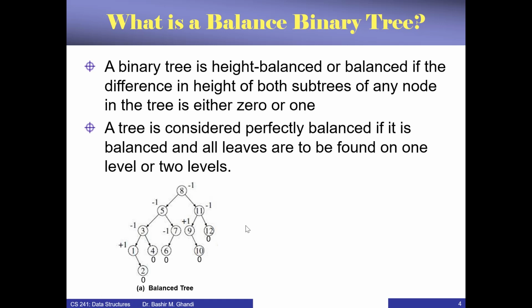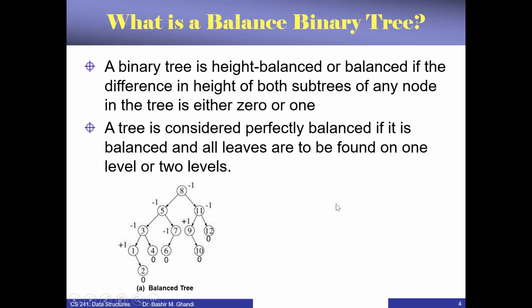In fact, a tree is said to be perfectly balanced if it is balanced, but also if all the leaves are to be found in 1 or 2 levels. Very similar to the definition of a complete tree we discussed before. The leaves must be either in the last level or the level above.